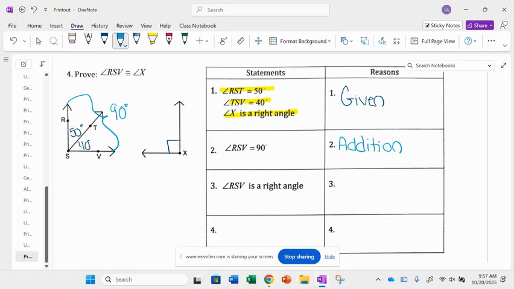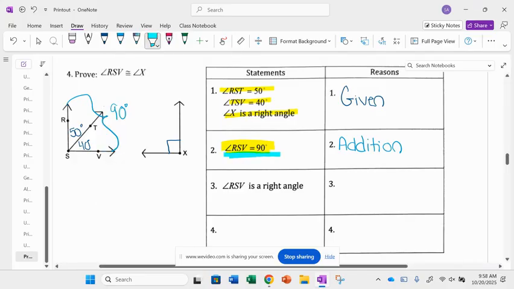Okay, so now the reader of the proof really doesn't understand. Right now, we want to prove that RSV, which we just said was 90 degrees, is equal to angle X, which it says is a right angle. We have RSV is 90, and here it says angle X is a right angle.